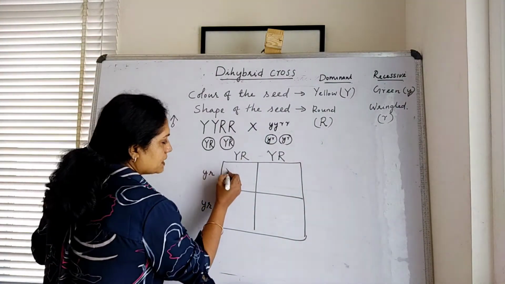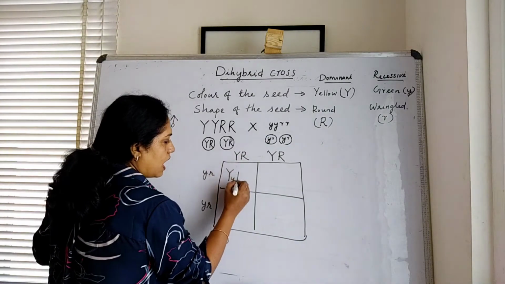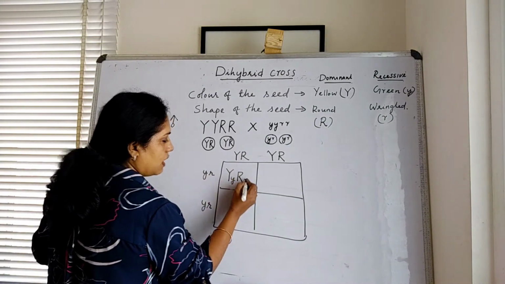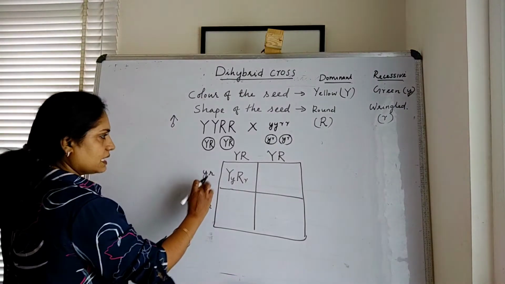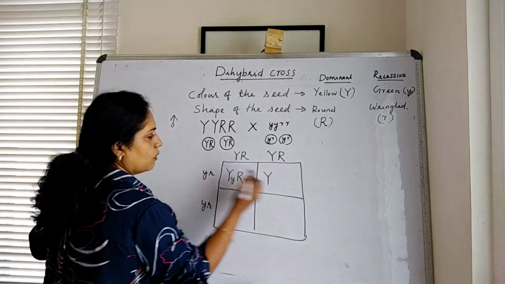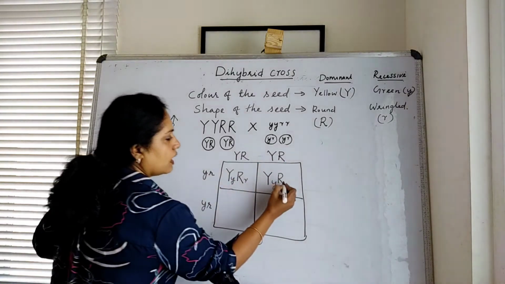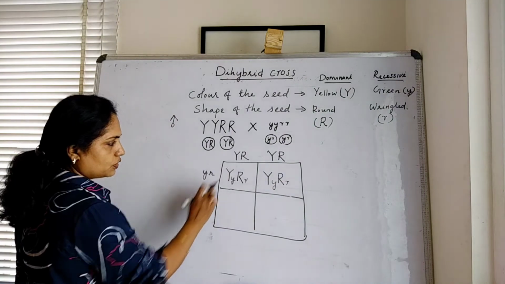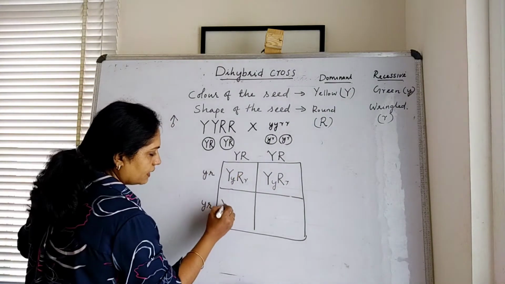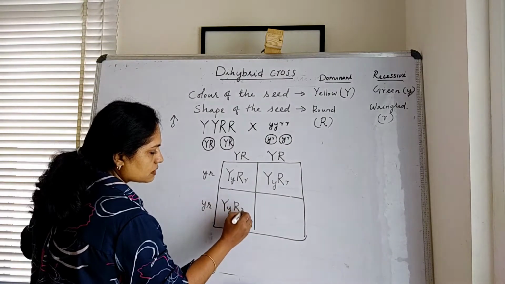Let us cross these gametes. Capital Y and then one small y is there, capital R and one small r. And if we cross this gamete with this, again we will get capital Y, small y, capital R, small r. If we cross these two, again we will get capital Y, small y, capital R, small r.